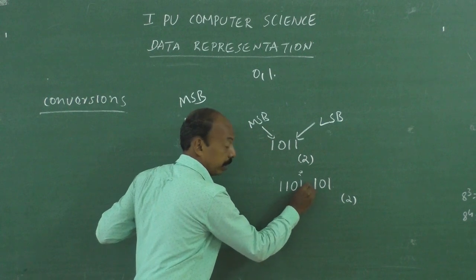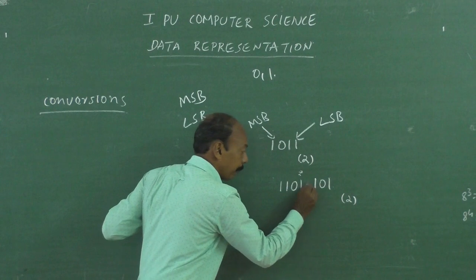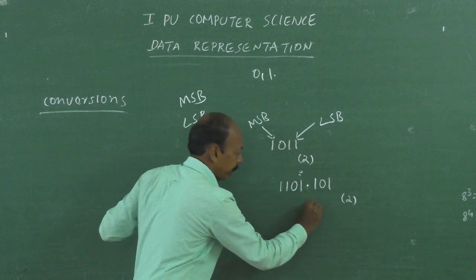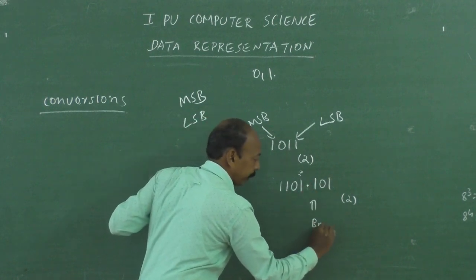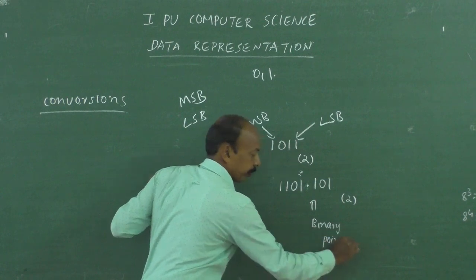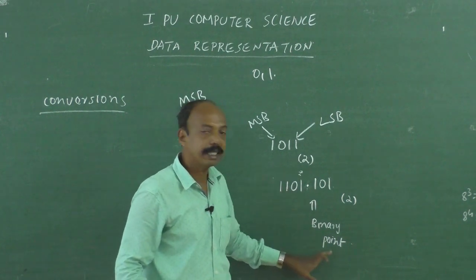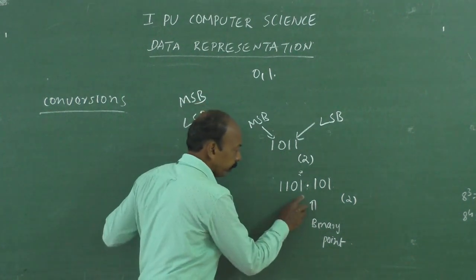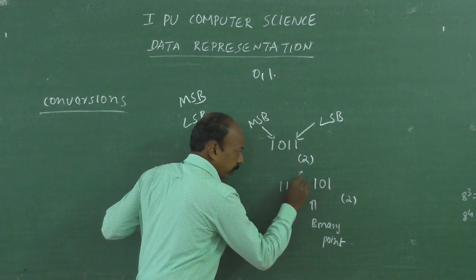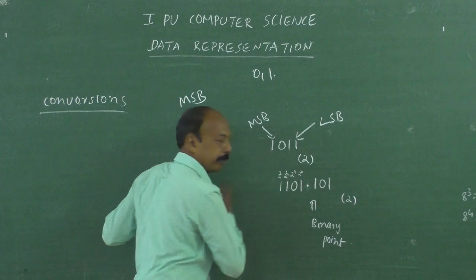Remember, don't call it as a binary point, decimal point. Here it is binary point. This is called as binary point. In decimal number system, it's called as decimal point. Here it's called as binary point. Positional value is 2 to the power 0, 2 to the power 1, 2 to the power 2, 2 to the power 3.